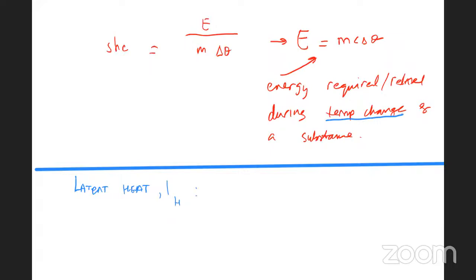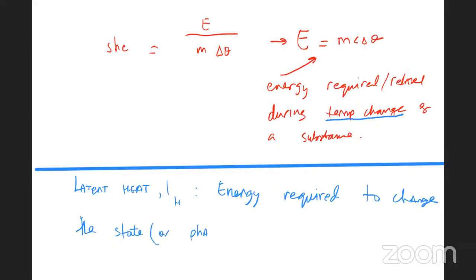I'll give you a quick little definition there. Latent heat is the energy required to change the state or phase of a particular mass of a substance.